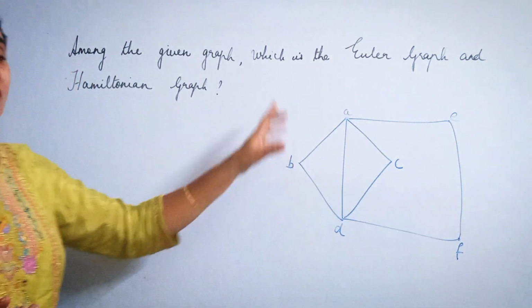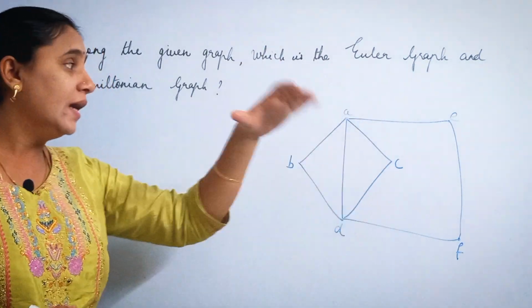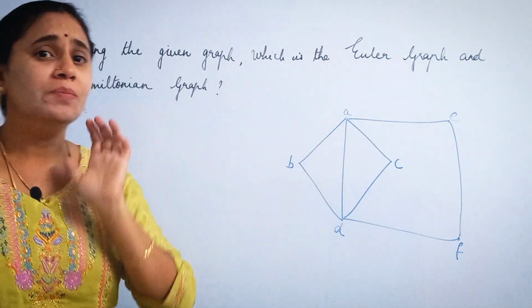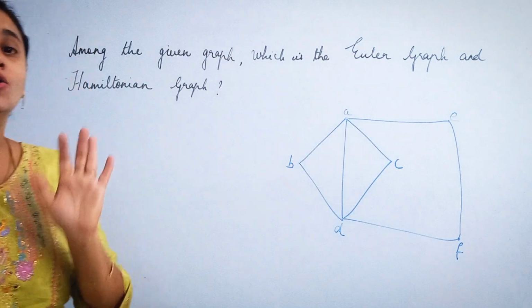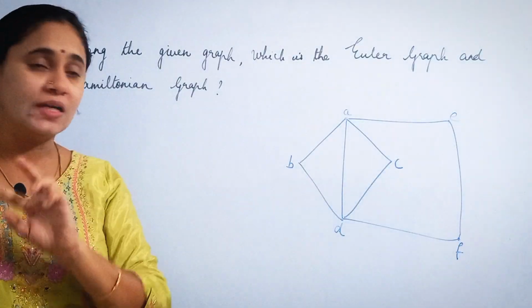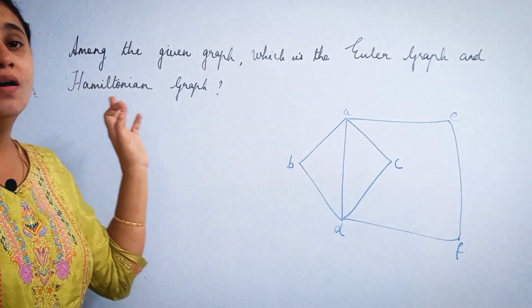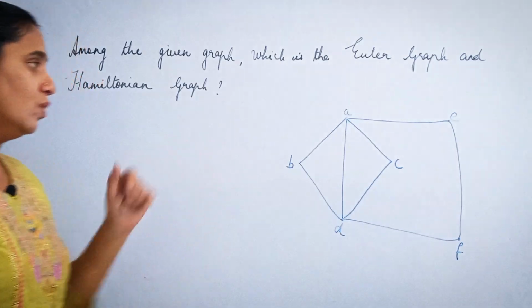We are going to consider and visit the vertices. Instead of taking all the edges, we can choose any one of the edges. The meaning is that we must cover all the vertices alone to reach the destination. That is the main difference between a Hamiltonian graph and an Euler graph. So now we will go for solving it.